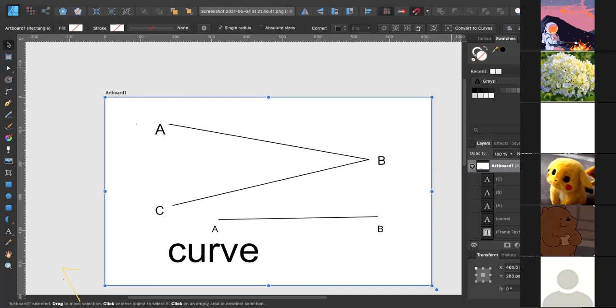A curve is a line which doesn't have a sharp angle or a sharp turn. Like in AB, the upper figure, it has a sharp turn A, B, C. So it can't be categorized as a curve.